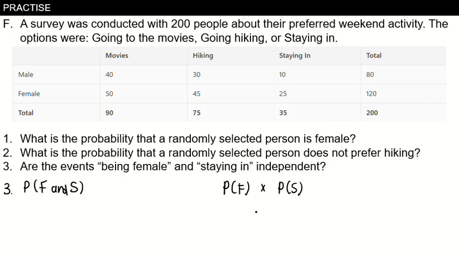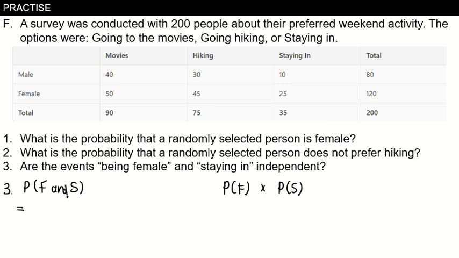So we want to see, are these two sides of the independence calculation going to be equal? If they are equal, then these two events are independent. If they aren't equal, then they are not independent of one another.